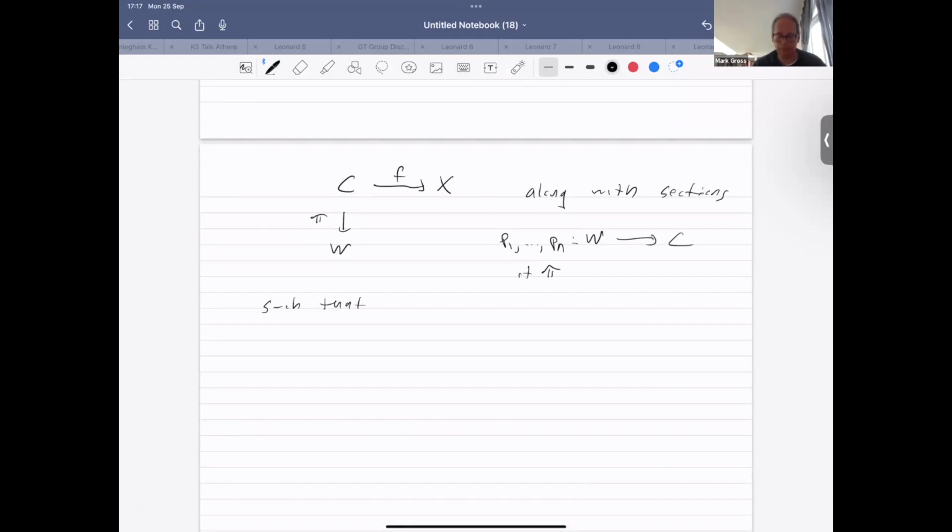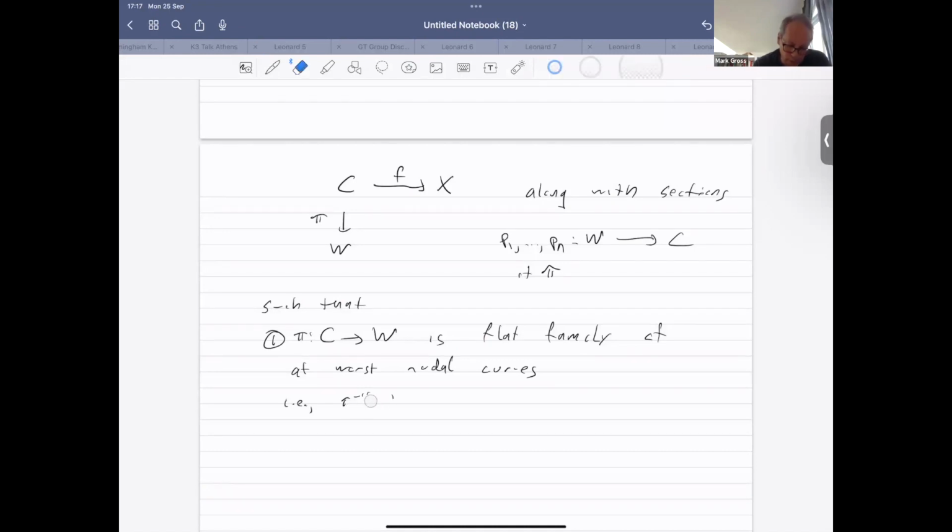we have several properties. First of all, C to W is a flat family. Don't worry too much what flat means here. A flat family of, at worst, nodal curves. In other words, pi inverse of a point w in the base W, written C_w, is a nodal curve.